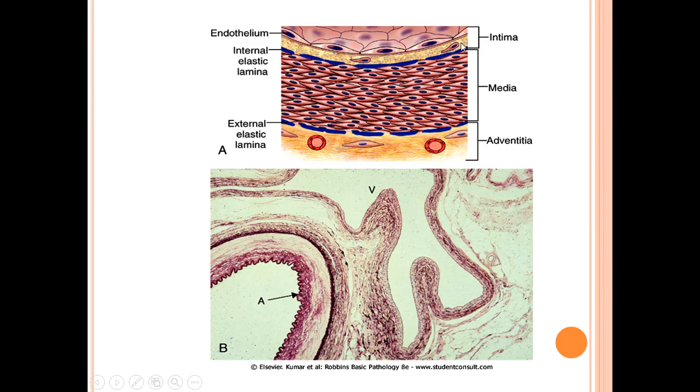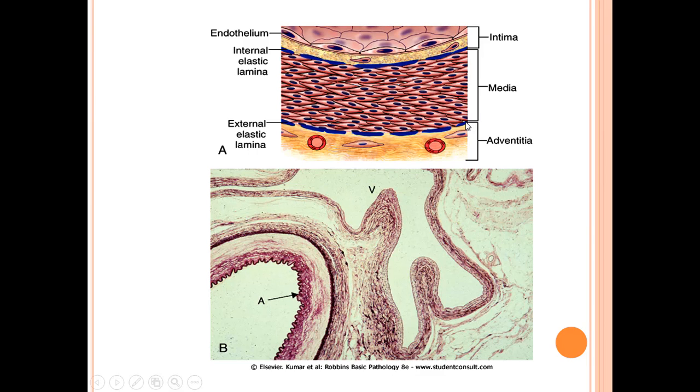The intima is composed of endothelial cells and a very thin layer of connective tissue, and is bordered by the internal elastic lamina. The second layer is the media, which is composed mainly of smooth muscle fibers, and in some particular types of blood vessels we have elastic fibers as well.